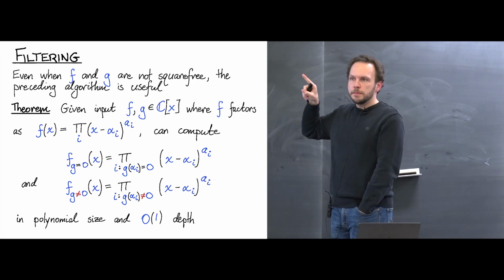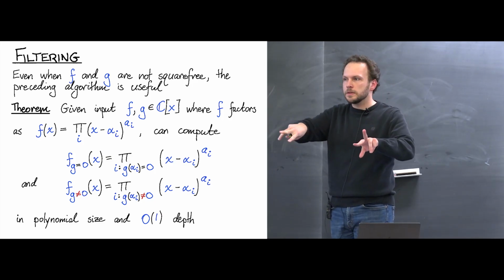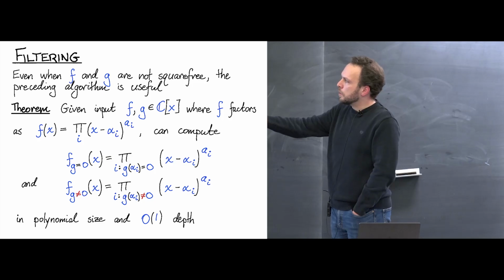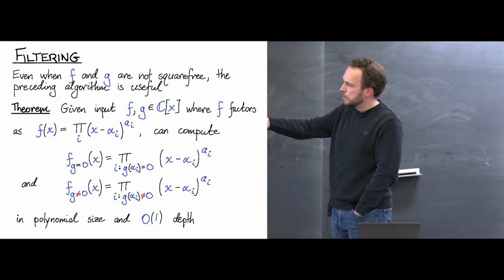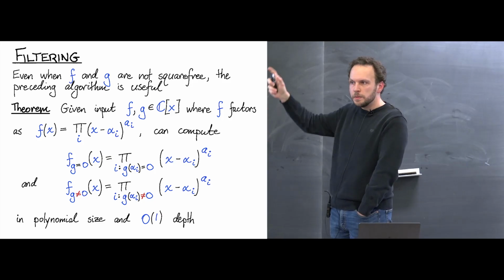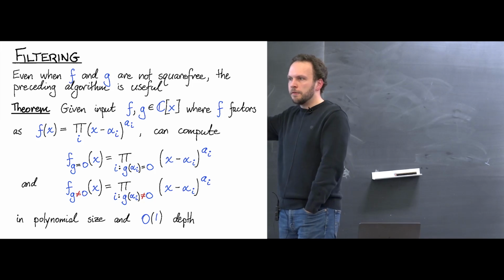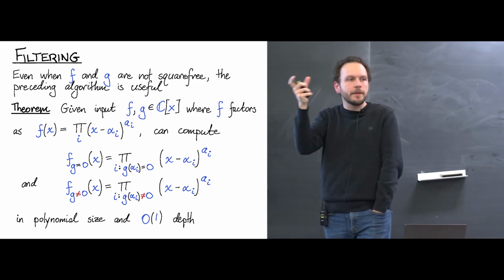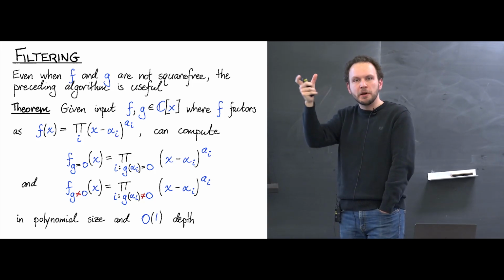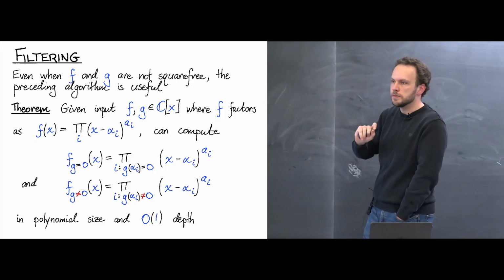You run this algorithm, and really what you're doing is splitting the factors of f into two sets: one set that corresponds to roots of g, and one set that corresponds to non-roots of g. When we had this bivariate polynomial that had a factor of g, that factor was used to filter out the roots of f that are roots of g or are not roots of g.